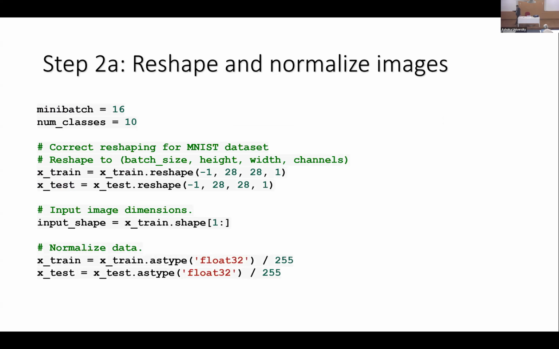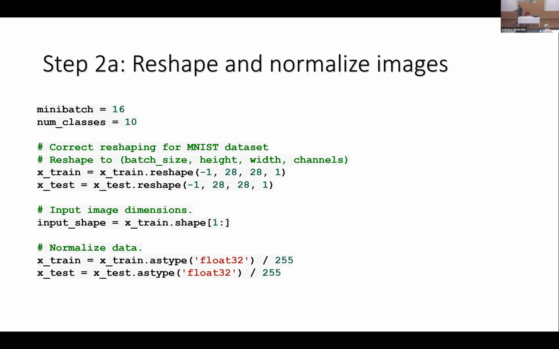Then, depending on how you want to use it, we may need to reshape things, put it into a particular dimension, and then normalize it. Now, these are all steps that are specific to this data set. If you use another data set, then you may need these steps or not, or different steps. So I'm not going through the computer vision aspects of it.